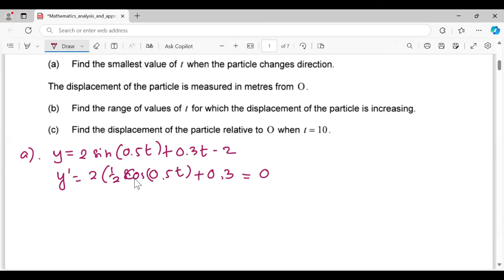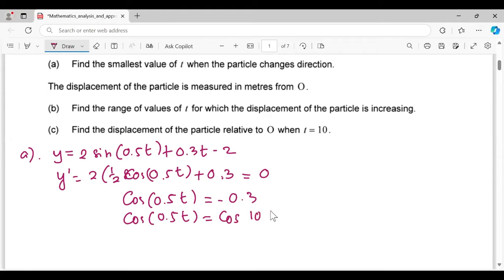Okay, so we can determine the extreme point or the maximum point, and it's going to be cosine 0.5t equals minus 0.3. Cosine 0.5t equals cosine 107.4576.